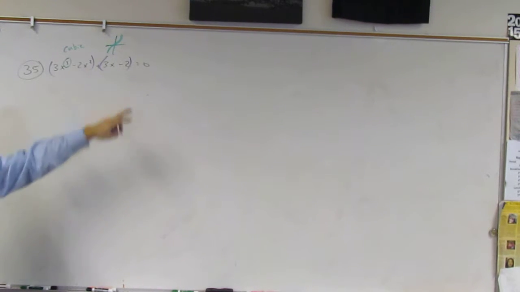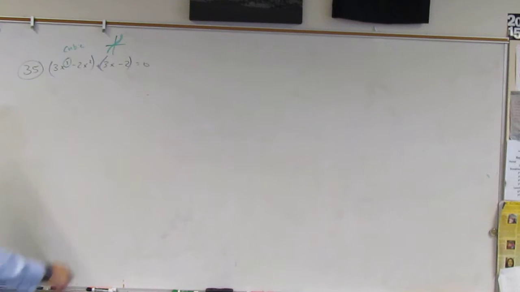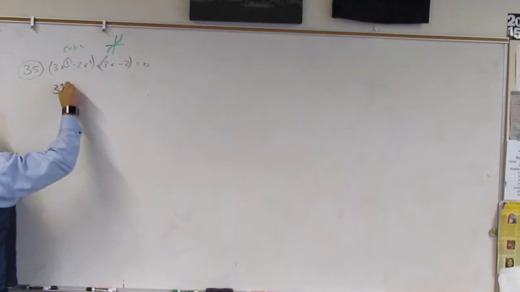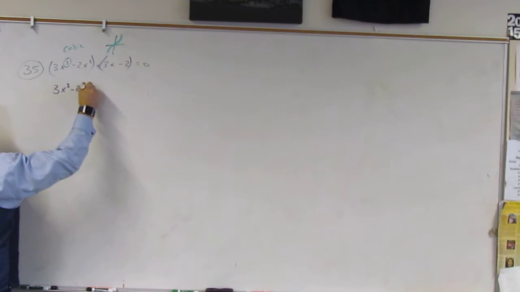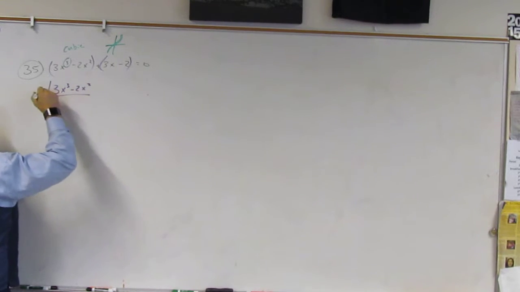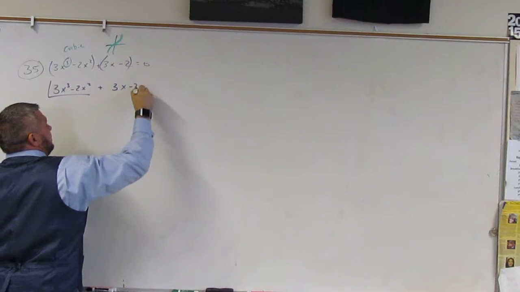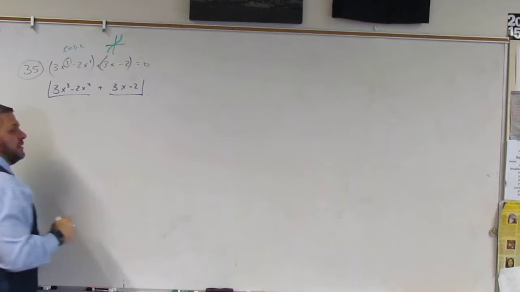So it would be a plus and minus. But in this case, it's just a plus, so we're good. So I have 3x cubed minus 2x squared, plus 3x minus 2.